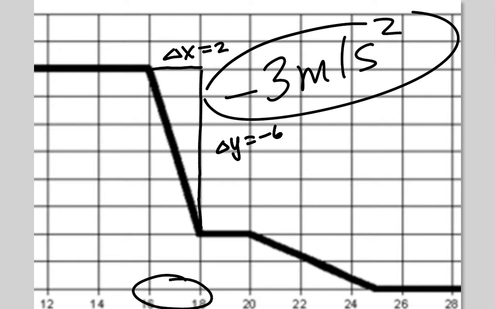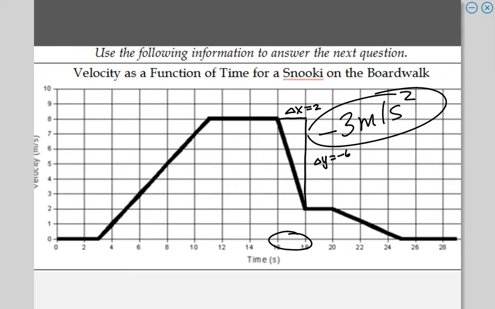Now making sense of this value. Her velocity is positive because it's above the x-axis, but her velocities are decreasing. So if this cart is the origin, this is the positive side. She's traveling this way, but slowing down.